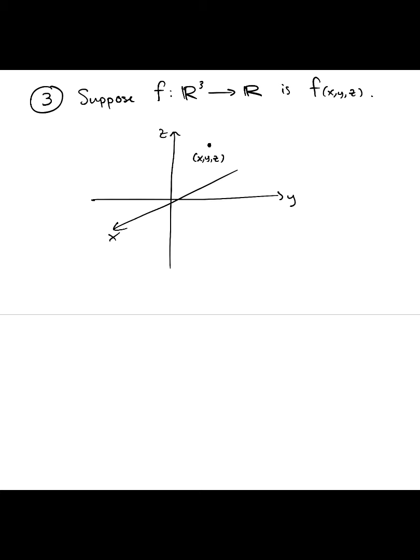The black arrow could be the gradient of the function f. So that's gradient of f specifically at that location.